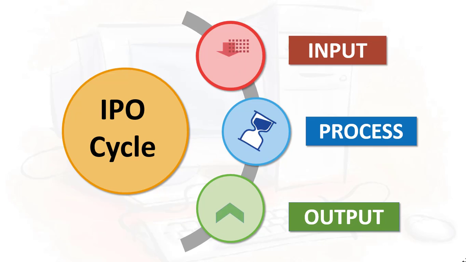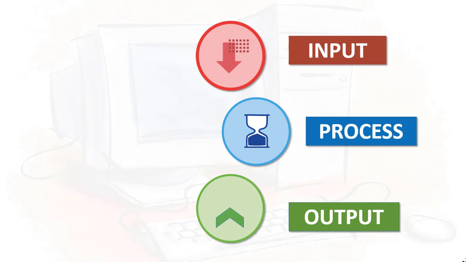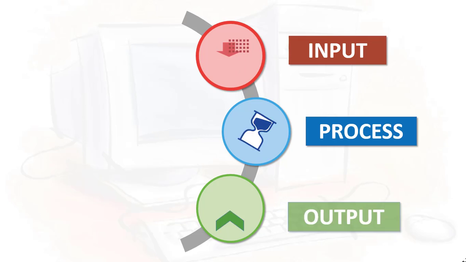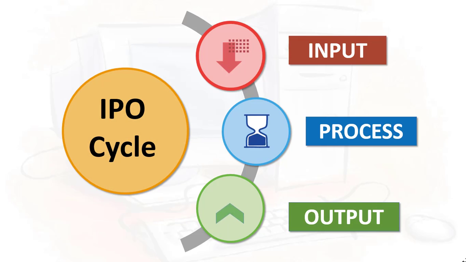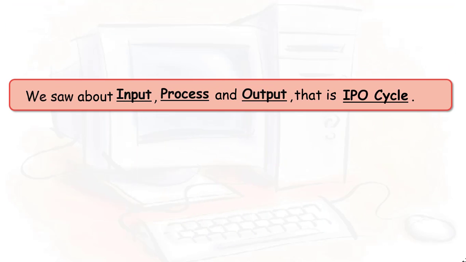Input, process and output, these three things combined are known as the IPO cycle, on which all computers work.